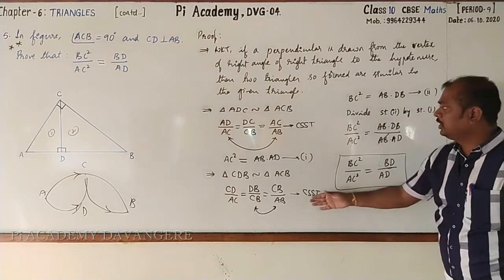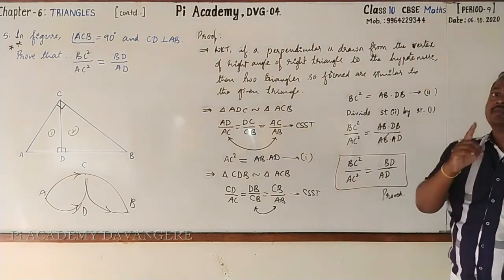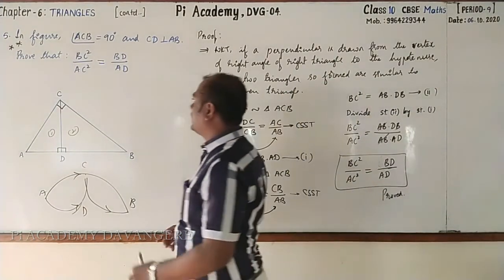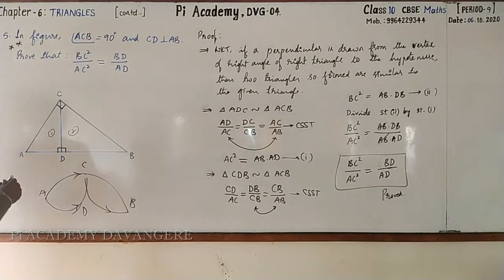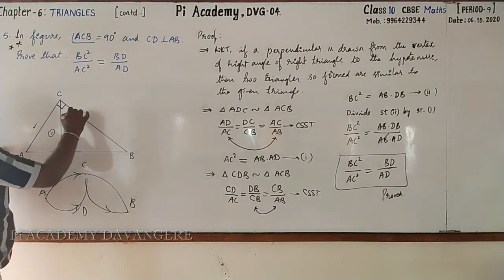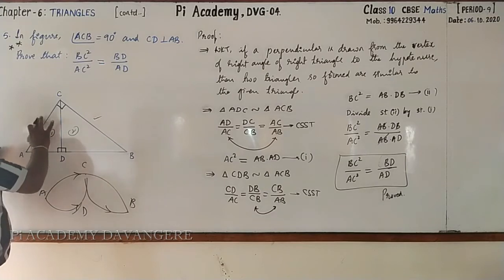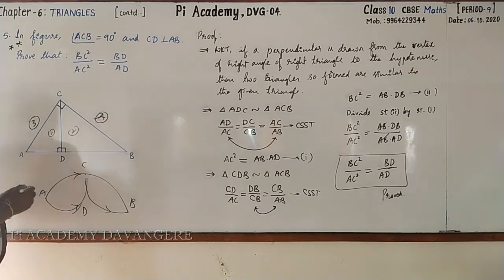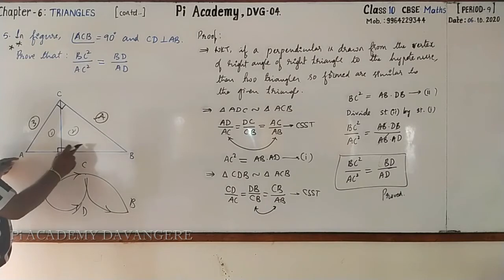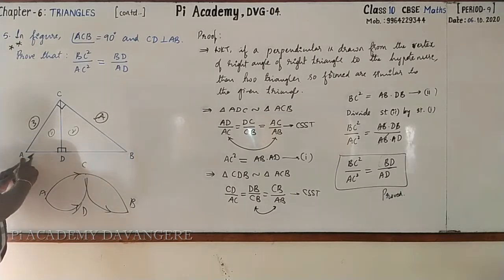So for that you will have to write all these steps. For 1 mark, they'll give you AC and the side BC. For example, this is 3 centimeter and this is 4 centimeter. If it is so, then they'll ask you to find out AD by BD or BD by AD.